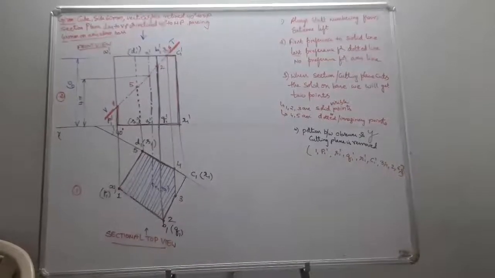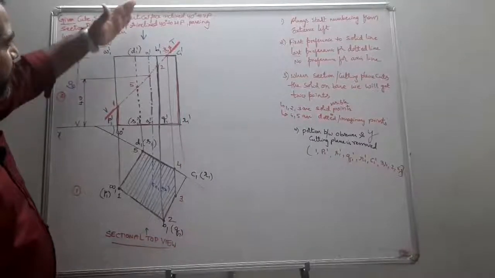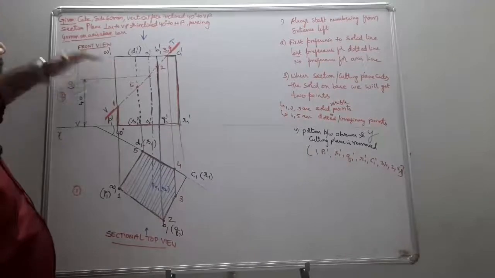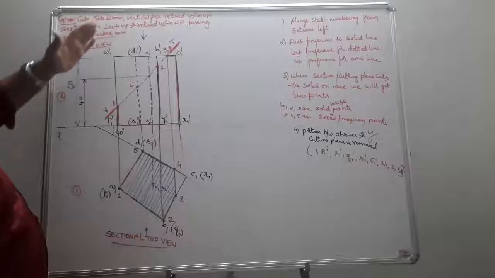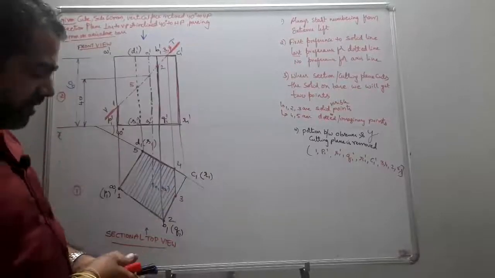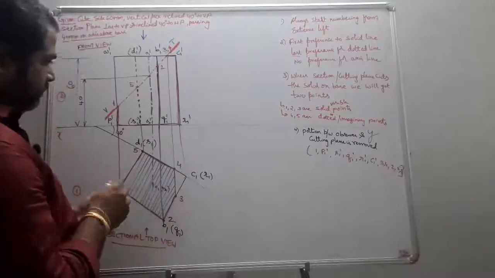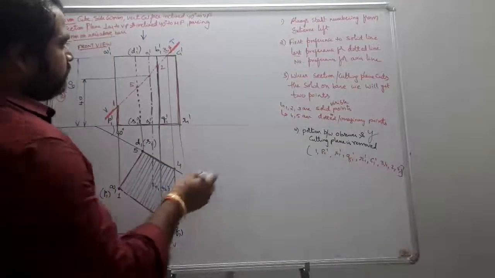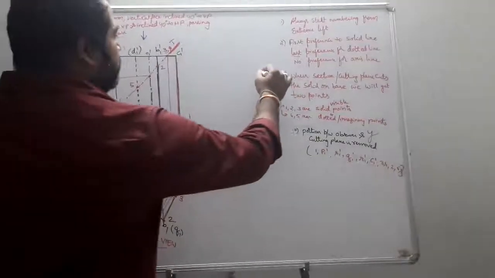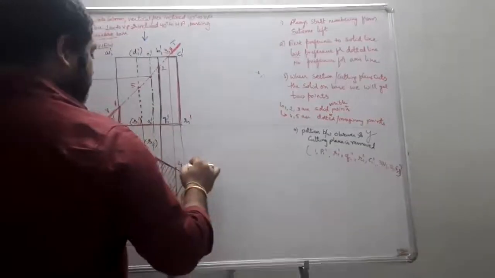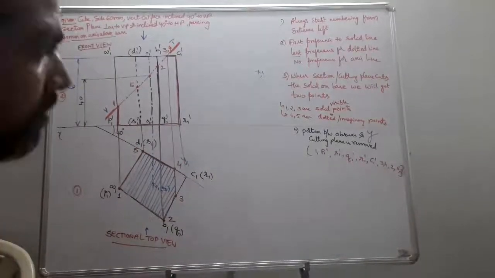If your space is permissible, generally in the problem you draw a new reference line here which is parallel to VT, and from here you draw the vertical projectors. But here my space is not permissible for me, so I go in this manner. Don't get confused. So this becomes my new reference line x1, y1.